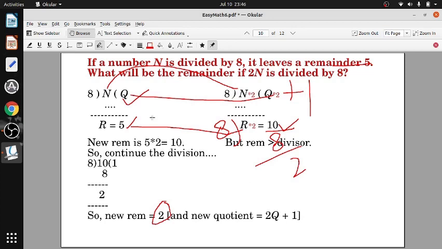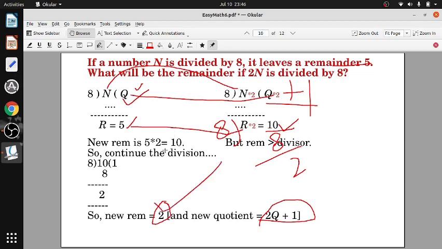And if you are asked the quotient, compared to the old quotient क्या हुआ? Double the old quotient plus 1. Old quotient is q, so it is 2q plus 1. But ये तो पूछा नहीं है. And the new remainder is 2.